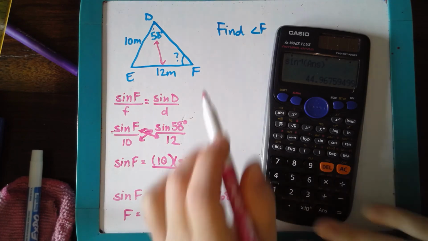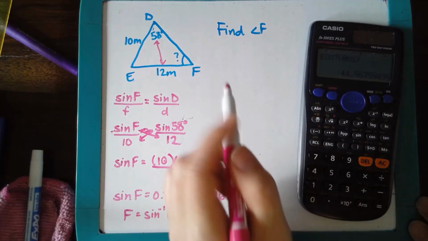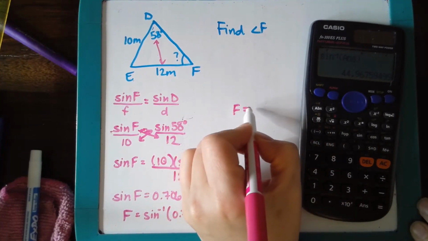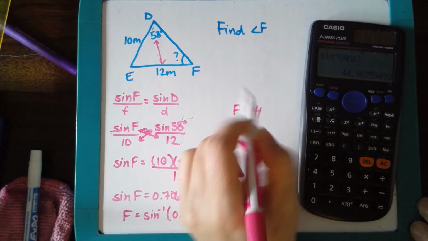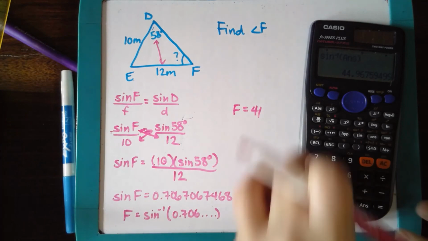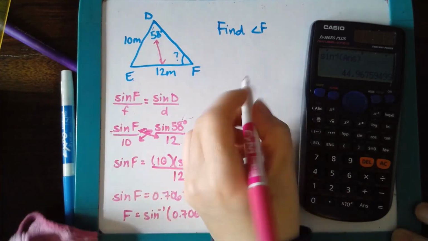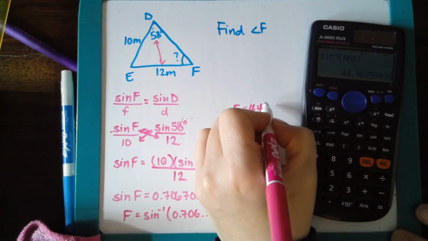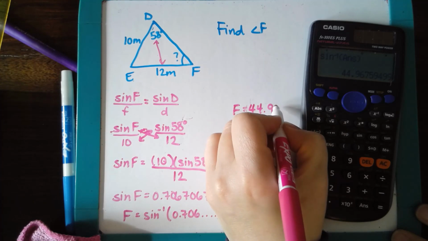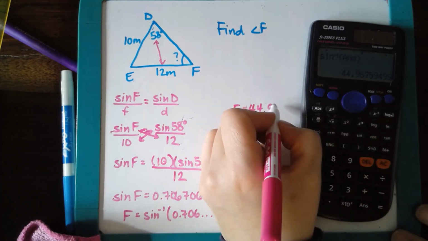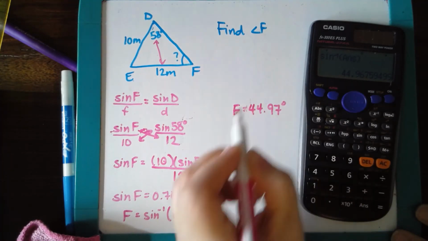And f then equals 44.9675, so I'm going to round it to 44.97 degrees.